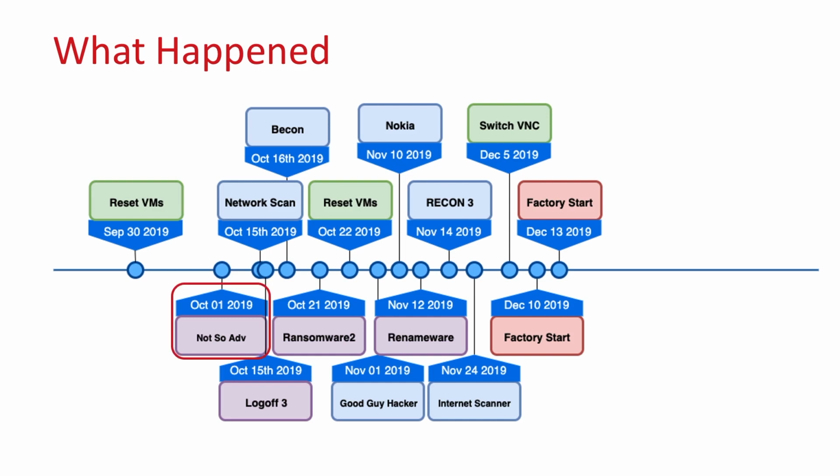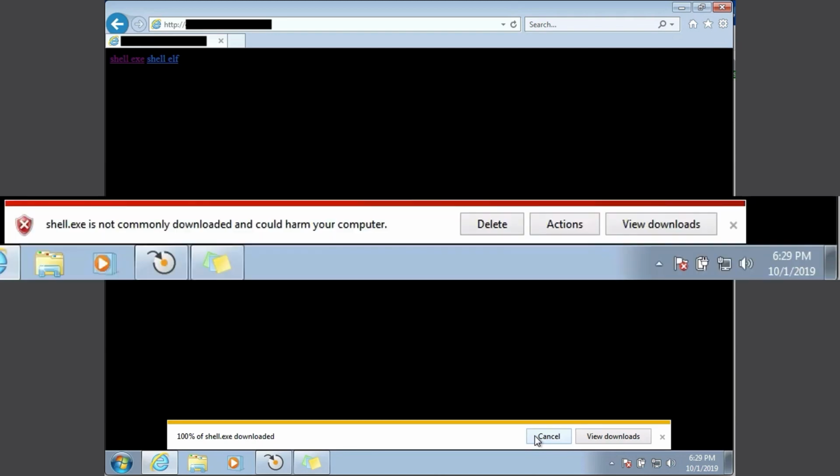The next attack that we had was what we called the not-so-advanced attack. It was funny to watch because the person downloaded an installer called shell.exe, and they got a warning from Windows saying that it could harm your computer if you open it.